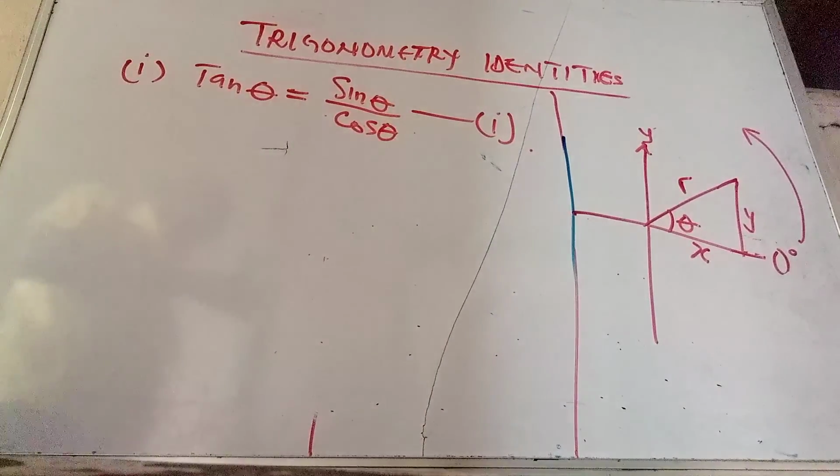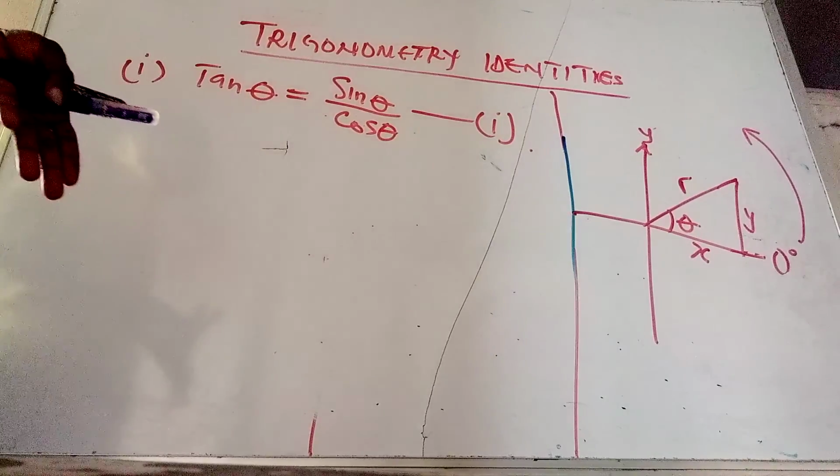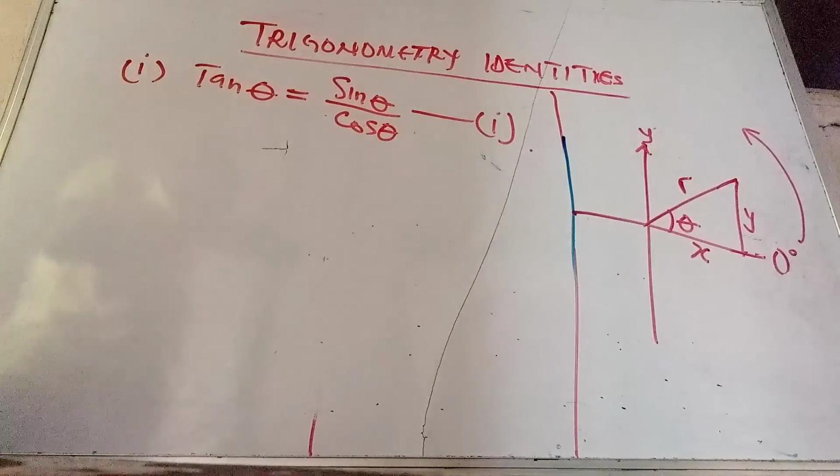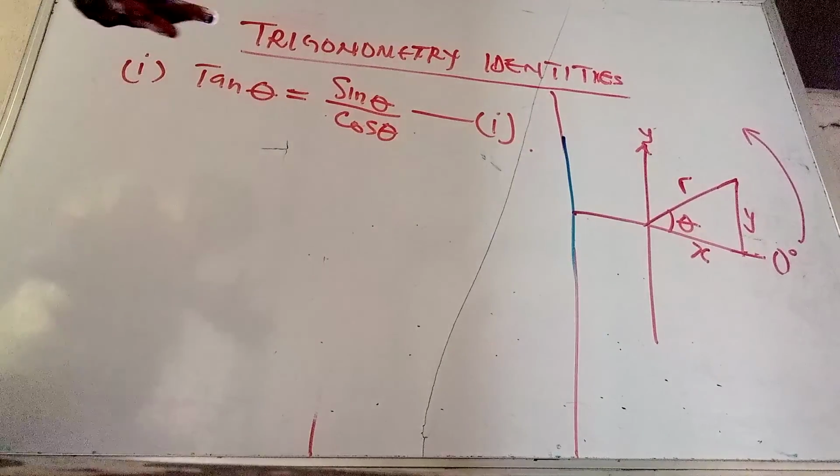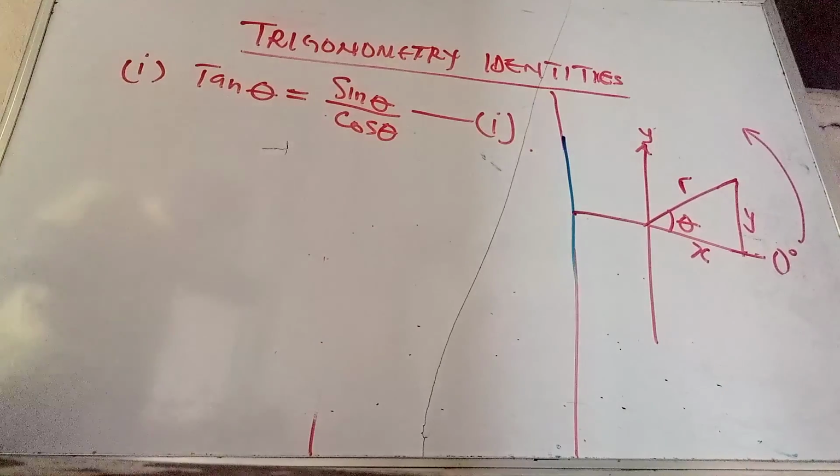The ability of the student to recall identities makes any problem on trigonometry easy to solve. In fact, you will need this in calculus while differentiating or integrating trigonometric functions. Please come along with me and see the breakdown.